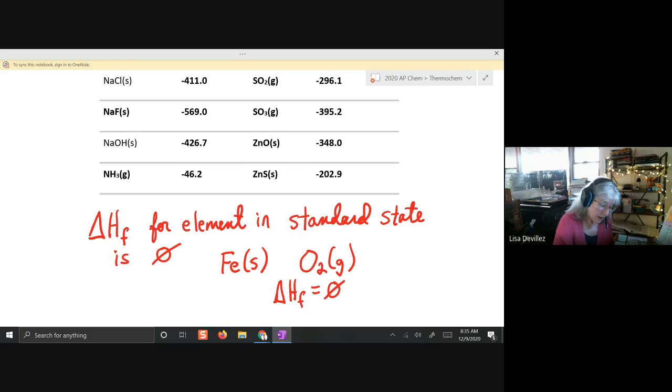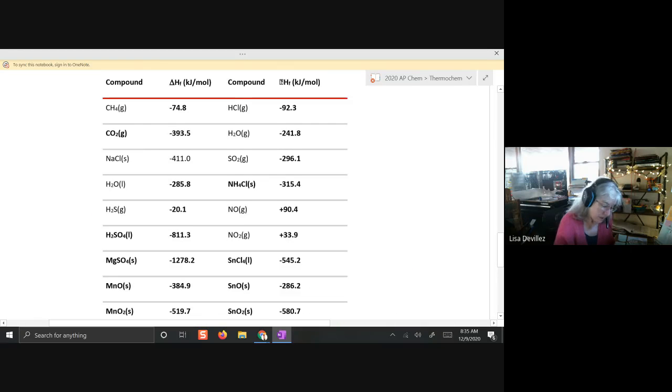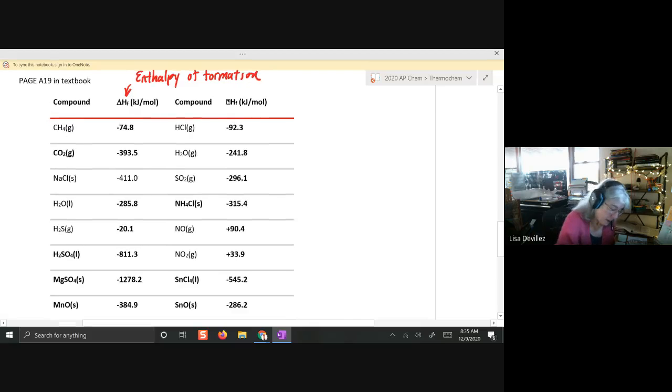So what these are then, in this table. For example, let's take the CH4, that very first one there. So that is carbon plus hydrogen. So carbon solid, hydrogen gas yields CH4, and the equation is balanced so that there is a 1 on the compound.